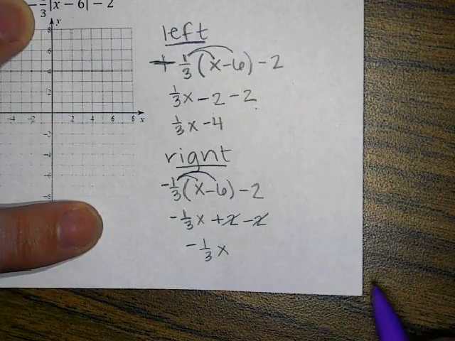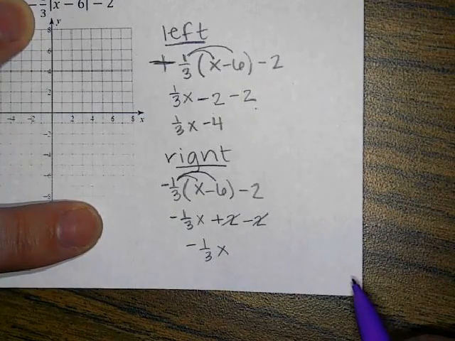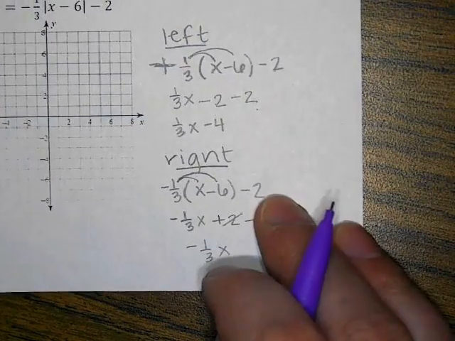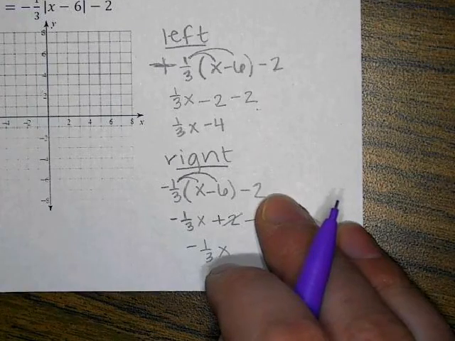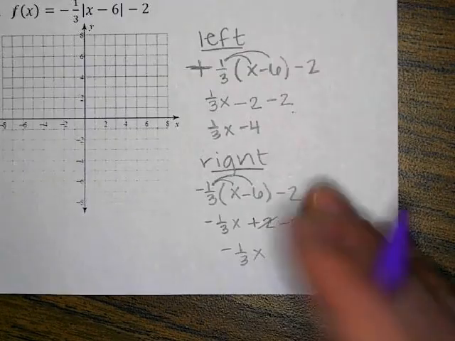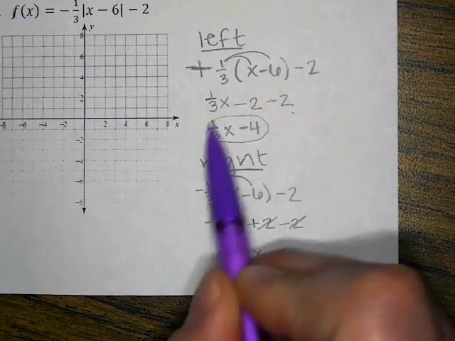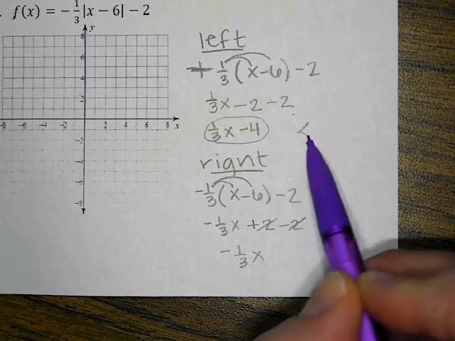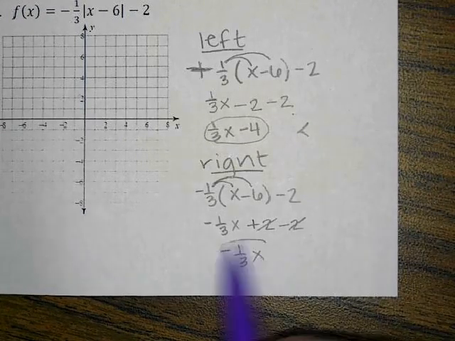Okay. So when we write this answer, we're going to do the left side, and that's going to have an arrow pointing to the left. We're going to have a right side. That one's going to have the arrow pointing to the right. Okay?